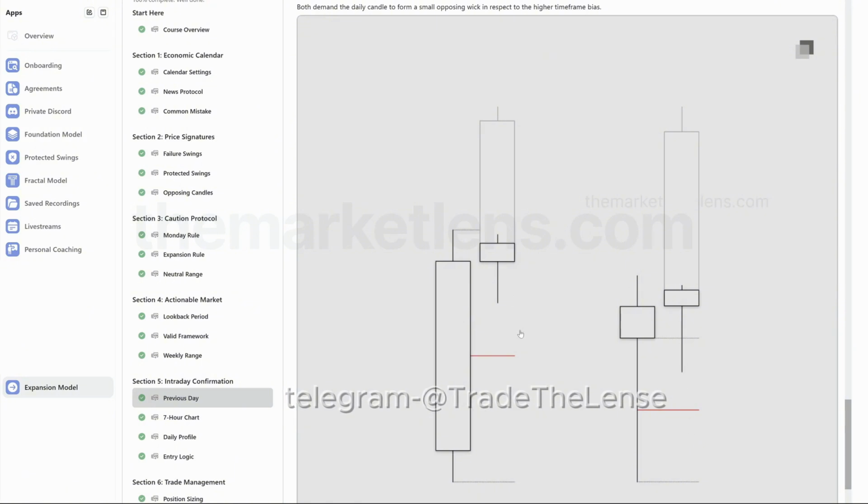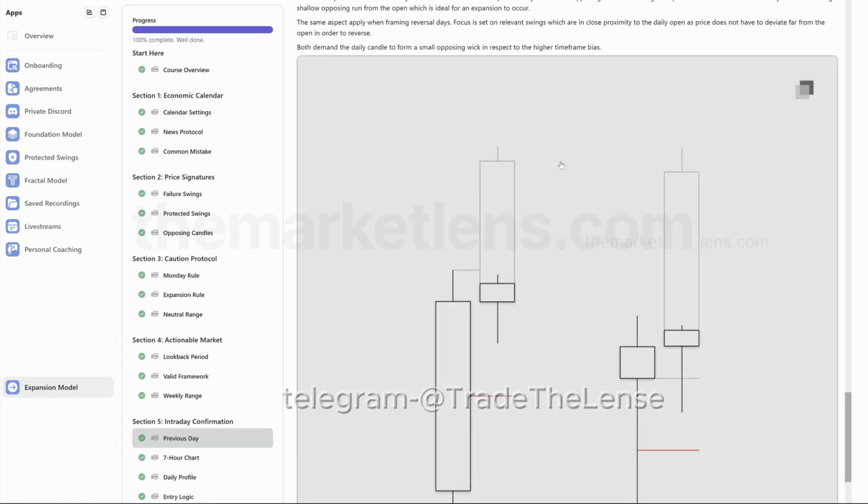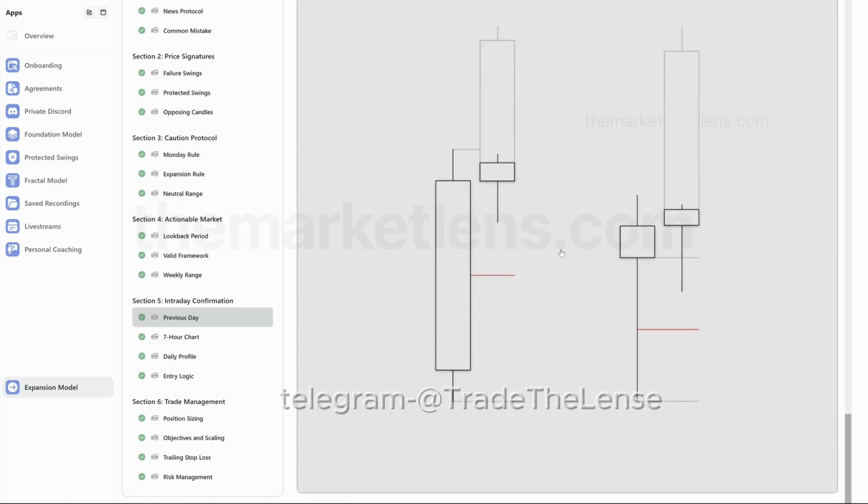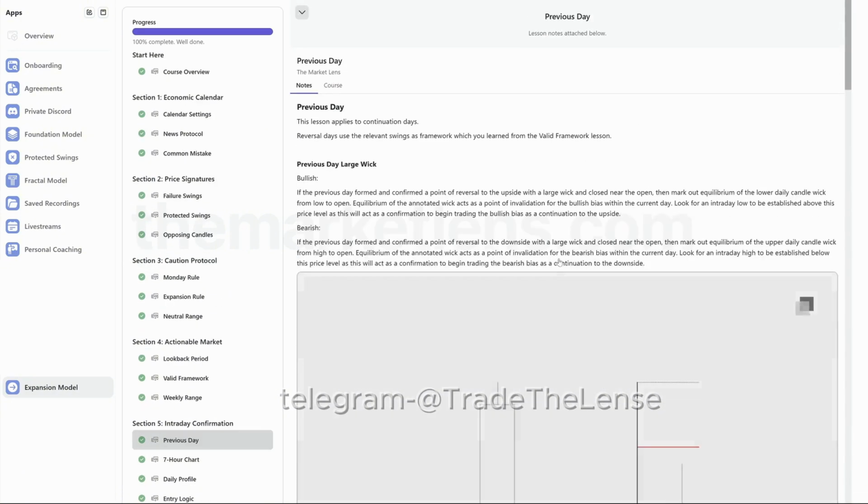We expect shallow retracements. So we want to see it occur above that point when bullish or below when bearish. So that's really the point of this, is that it's forcing you into only trading the small wicks, and it's forcing the market to respect that rule. And if it does, then you have a trade opportunity. And that's all it is.